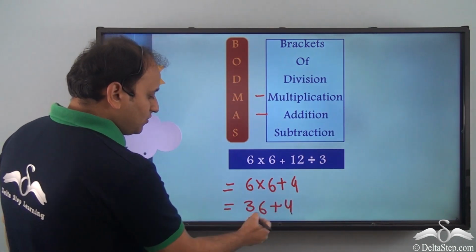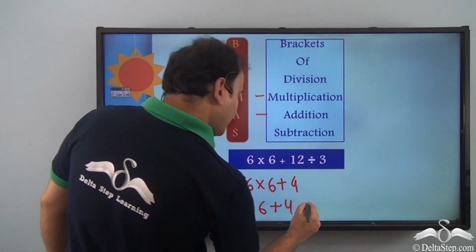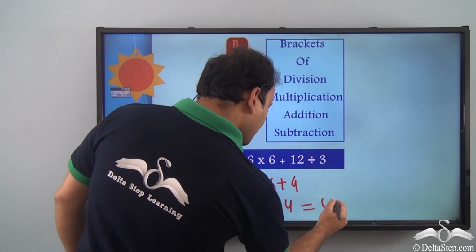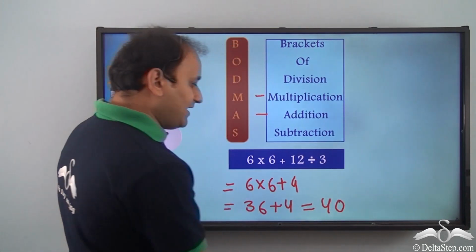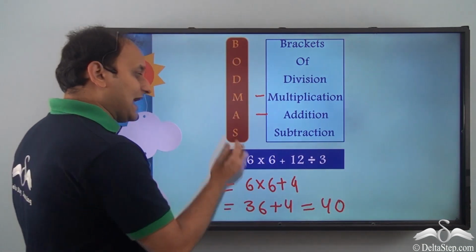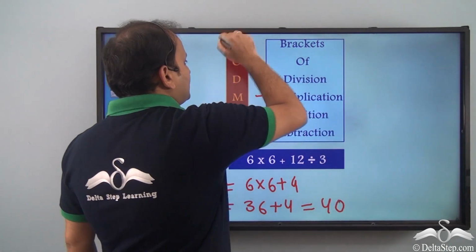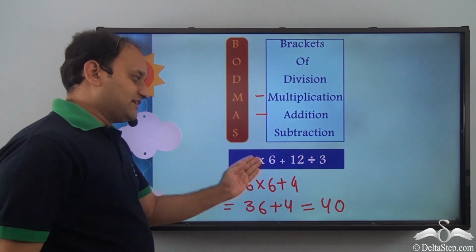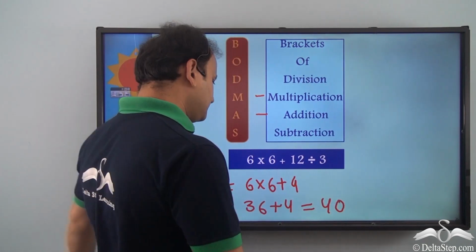Now, we can simply go for addition. 36 plus 4 will be 40. And this is the answer to this particular expression. So, we always follow the BODMAS rule for solving such expressions.